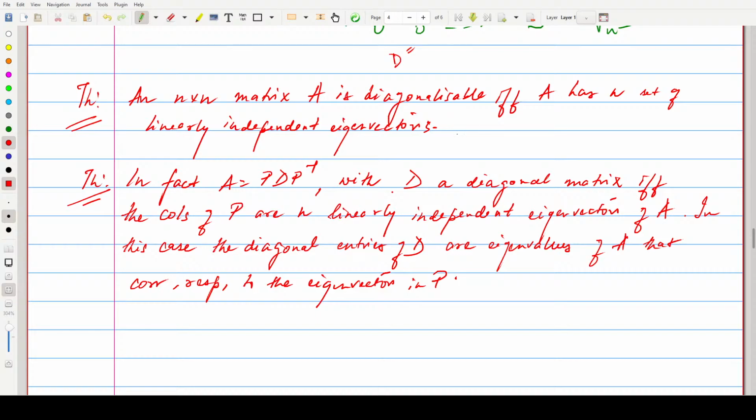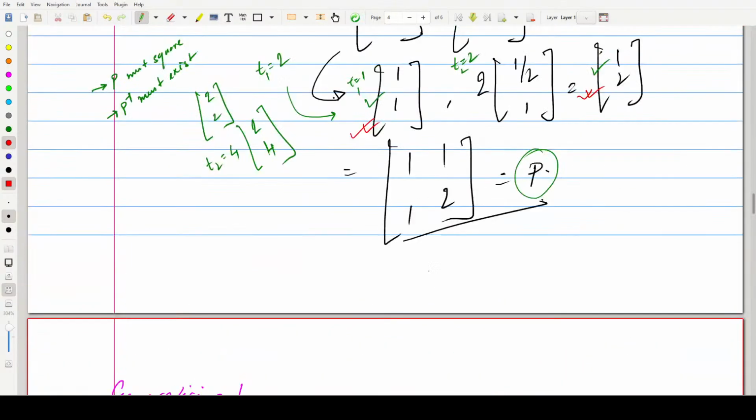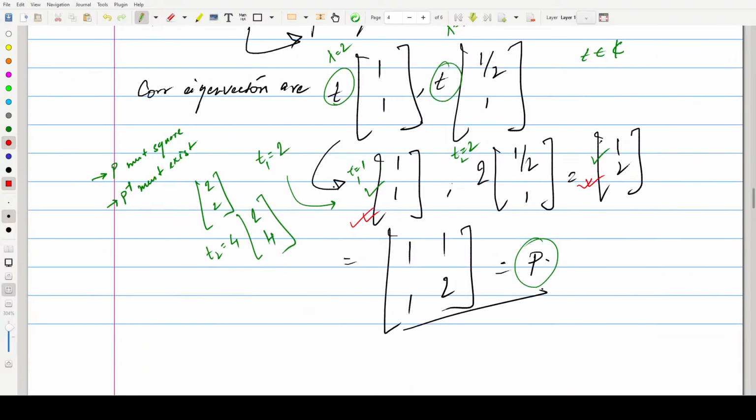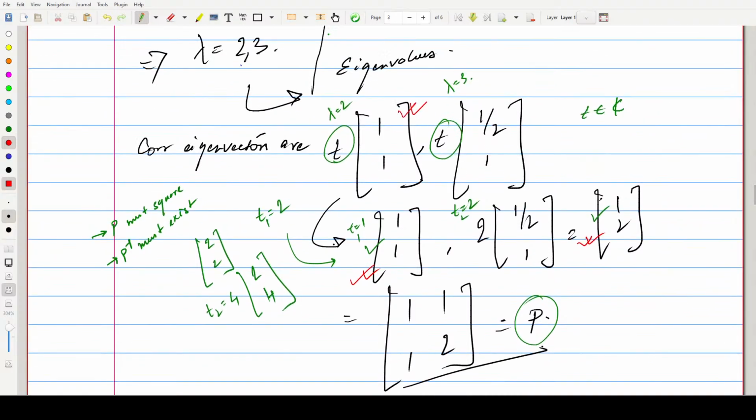Yeah, I think that makes sense. Now note that over here, these two, are they linearly independent? If so, then we can say with certainty that our matrix is diagonalizable, right?